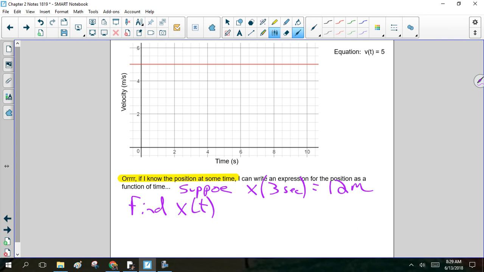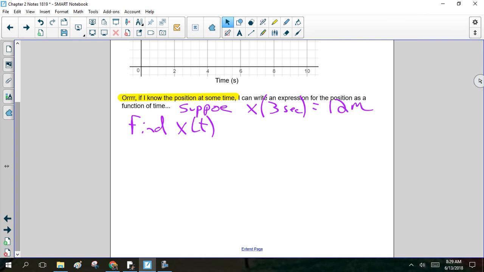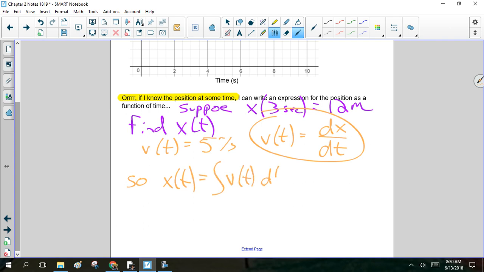So here's what we would do. We would say, so we know that the velocity at time t is 5 meters a second, and we know that velocity at time t is the derivative of x with respect to time. So this statement here is the same as position at time t is the integral of velocity at time t with respect to t.